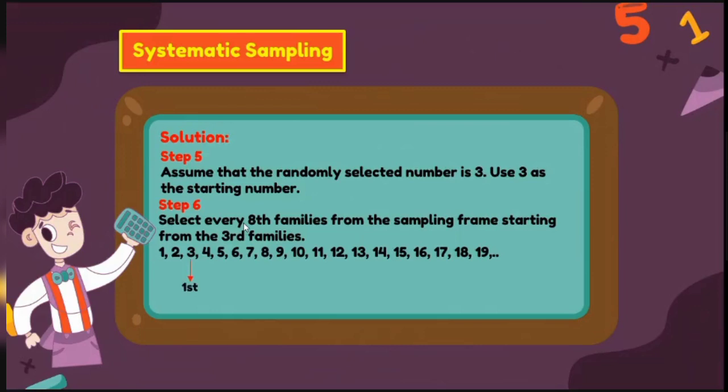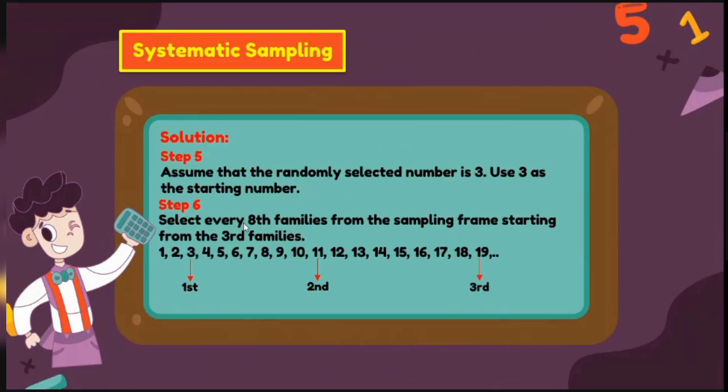So number 3 family is the first family according to the random start. Then by applying the value of k or the sampling interval, you have to add 8 for the next one. So 3 plus 8, so you will have 11. So this will be the second family. Then 11 plus 8 is 19. So this will be the third family.